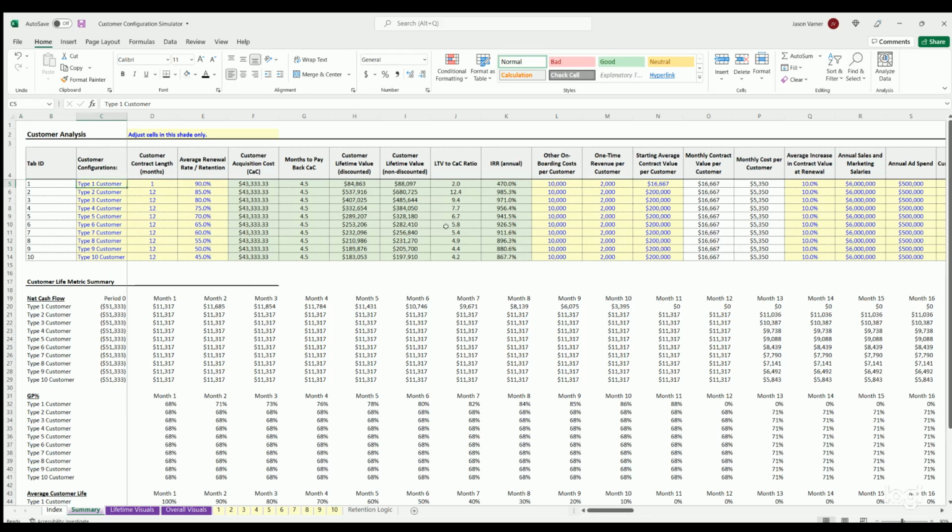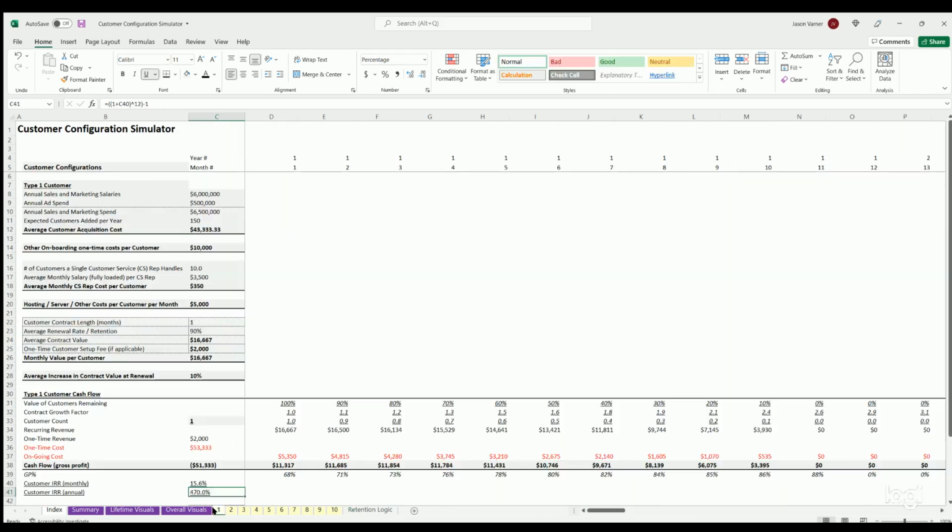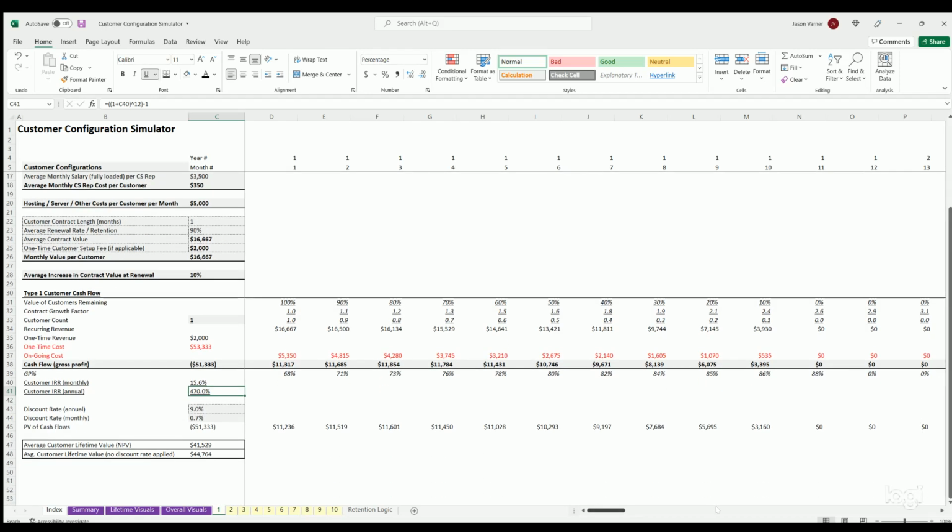In that case, all the numbers update and you can see for tier one customer, here are their cash flows. The advanced retention logic that's being used is shown here dynamically. There's a lot of cool stuff happening here. And obviously that flows into each tab 1 through 10, which is showing all the advanced calculations.